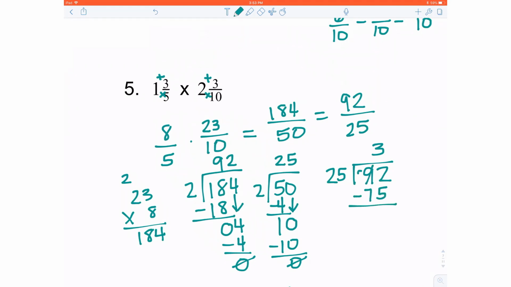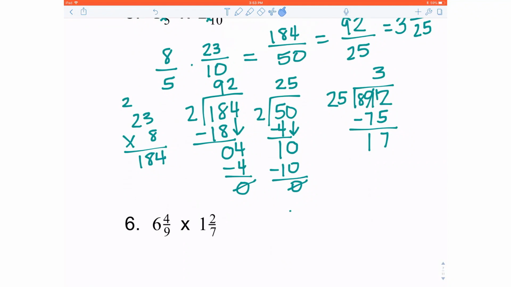Here we have to borrow because that 5 is way too big. 12 minus 5 is 7. 8 minus 7 is 1. So this is 3. We remember, the remainder goes in the numerator. 17 over 25. Okay? Awesome.